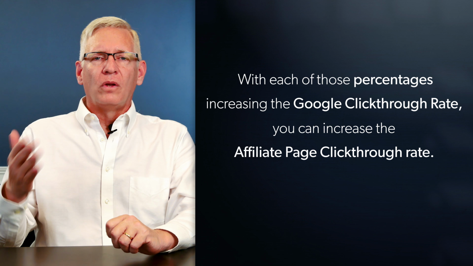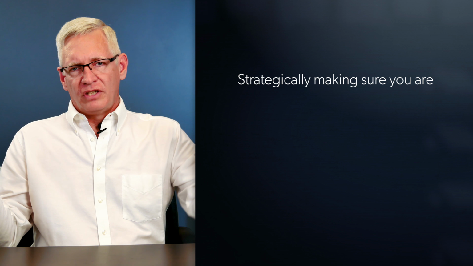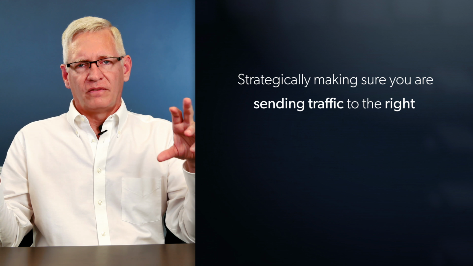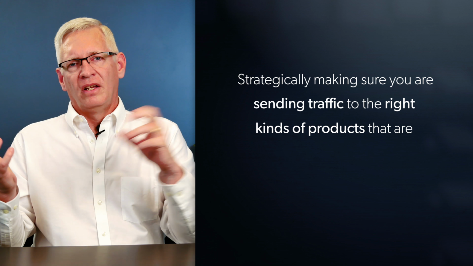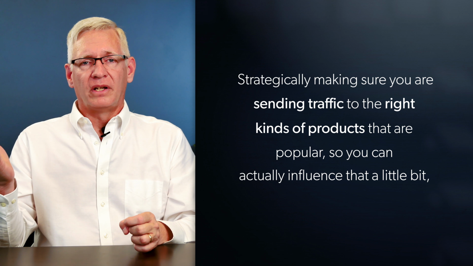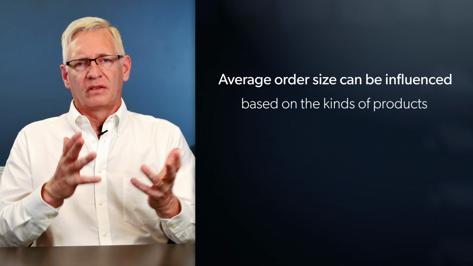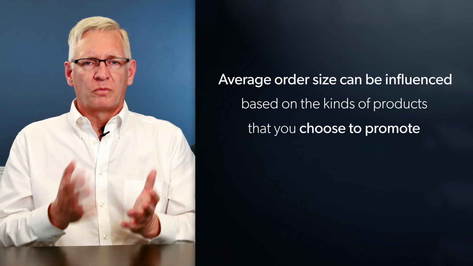You can't do a whole lot on the retailer side with the conversion rate, other than strategically making sure you're sending traffic to the right kinds of products that are popular, so you can influence that a little bit. And the average order size can be influenced based on the kinds of products that you choose to promote.